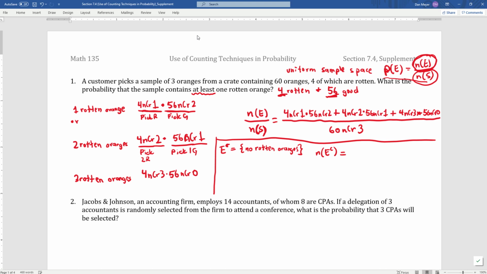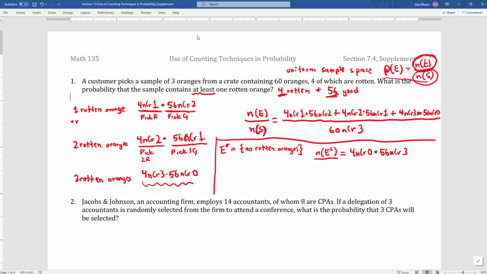And if I want to use the same strategy, again, we still have a partitioned selection set. We got 4 rotten oranges, and I'm going to pick none of them. And then I've also got 56 good oranges, and we're going to pick 3 of them. All 3 oranges that we're going to pick are going to be good oranges. All right, so there's only one thing in the partition.